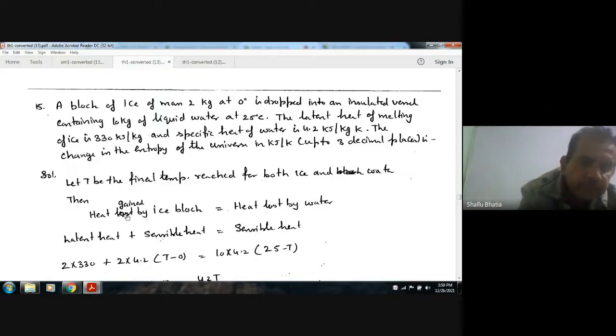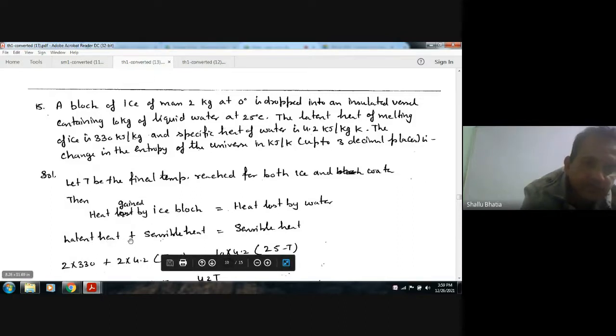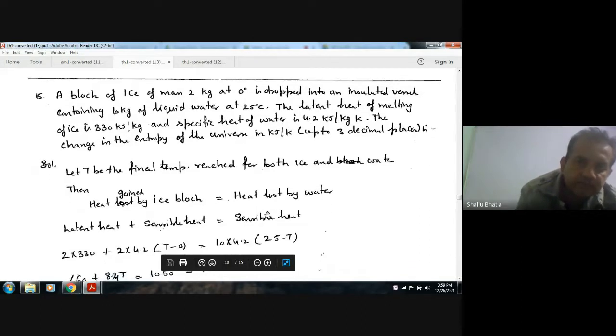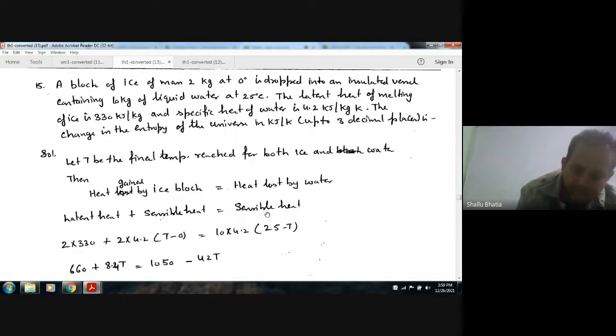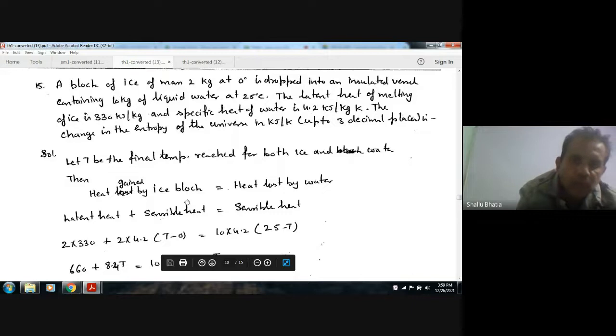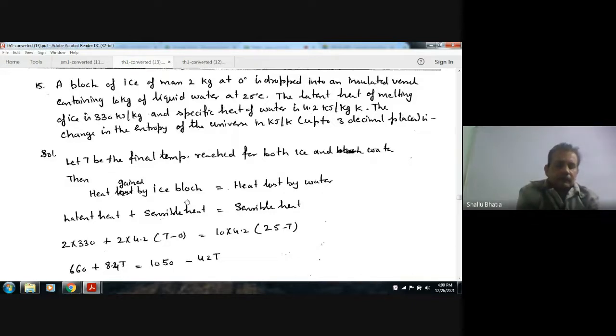The heat gained by the ice will be equal to latent heat plus sensible heat, and the heat lost by water will be only sensible heat. Let T be the temperature after mixing. Let the whole of the ice get melted and converted into water, and the temperature is the same, T.